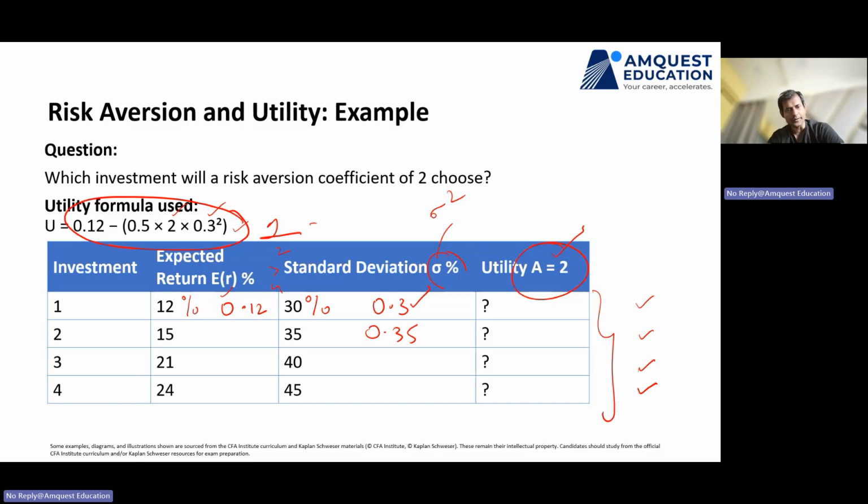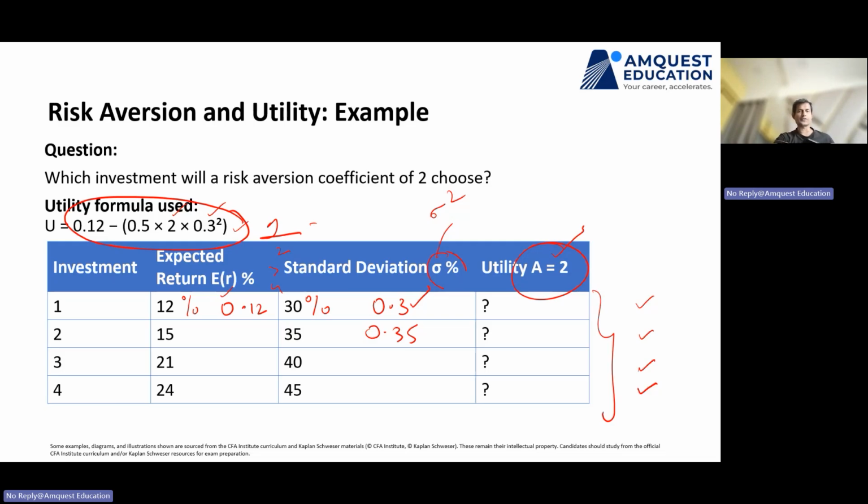And the fourth one. 0.24 minus 0.5 into 2, which is 1 again, into 0.45 square, which is 0.45 into 0.45. Kitna ho gaya? 0.0375. Good. Very good. 0.0374. That's right. Excellent.